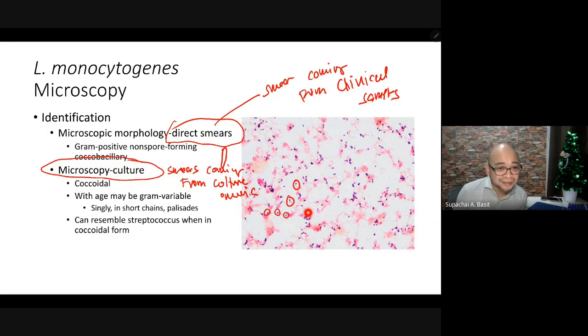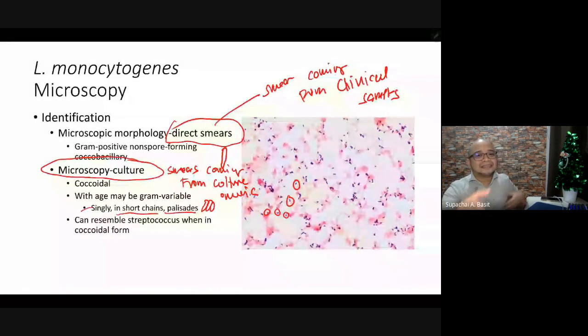If the smear came from the culture media, they are characterized by single short chain palisades. Palisades means a side-by-side arrangement, and they can resemble streptococcus in coccoidal form.